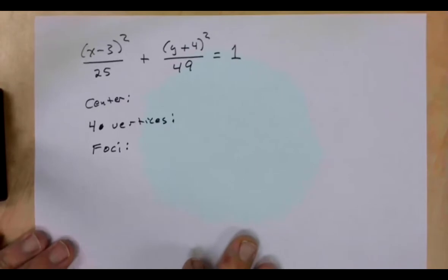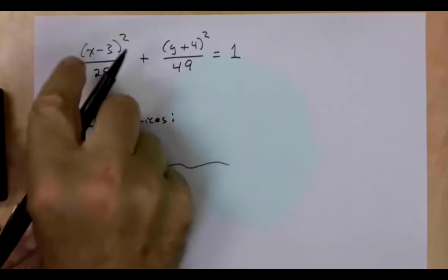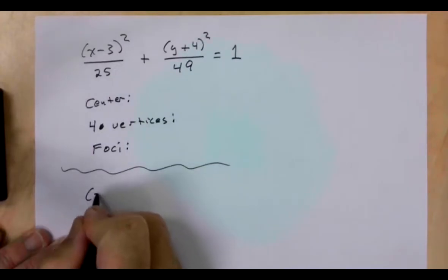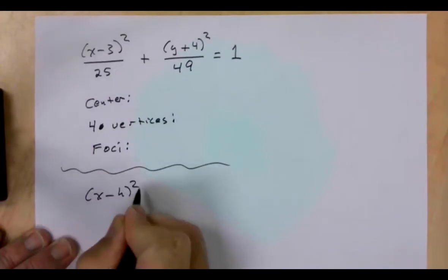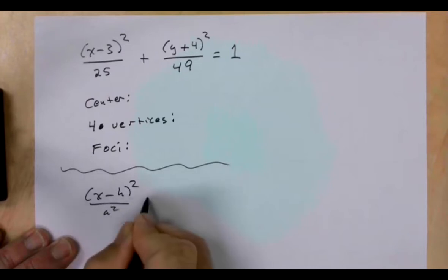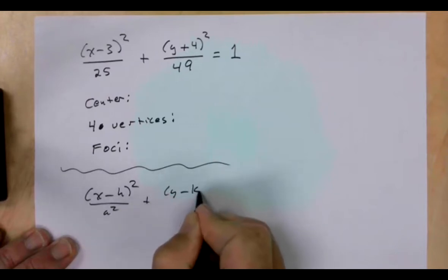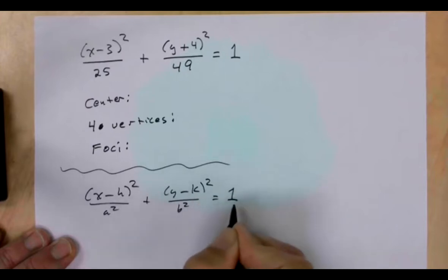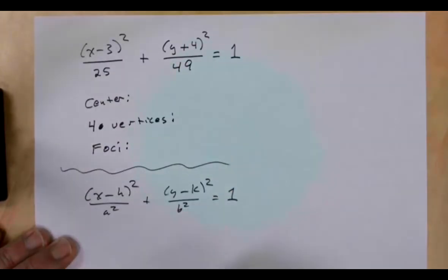We're shifting this thing. How are we shifting it? X minus 3 squared, y plus 4 squared. General form, x minus h squared over a squared plus y minus k squared over b squared is 1. You can see h is 3, k is -4.